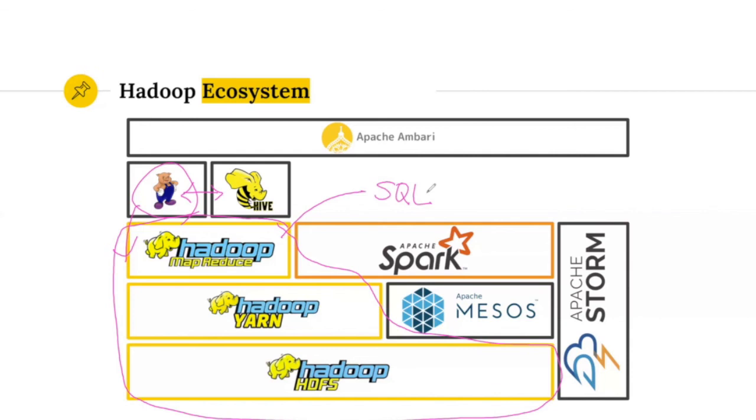And a lot of data scientists are already familiar with SQL because SQL has been around forever. SQL is kind of a de facto standard for traditional relational databases. So you can safely assume that people who are familiar with database systems may already know what SQL is. So the idea behind Hive is to allow people to use Hadoop using the SQL language.